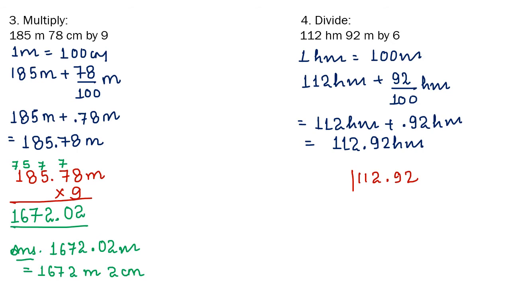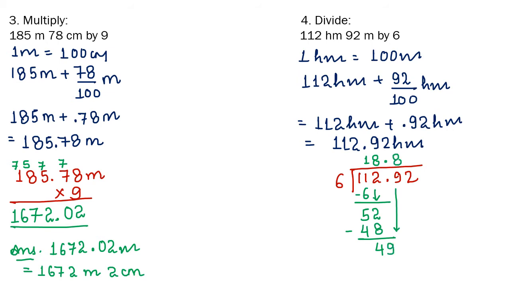Now divide 112.92 by 6. So 6 ones are 6. Subtract 6 from 11, it will be 5. Bring down 2. Then 6 eights are 48. 52 minus 48. 4 are left here. Now you can see here we have decimal, so put this decimal in the quotient and bring down 9.